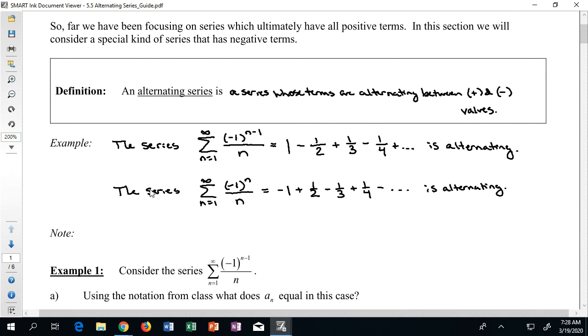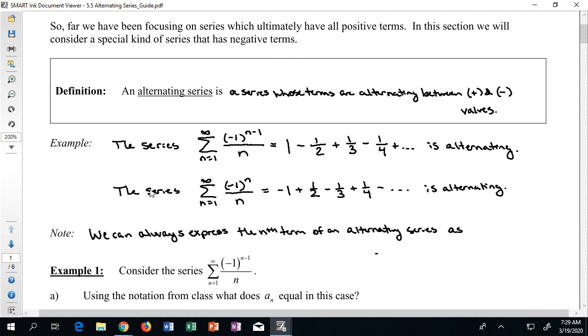One of the cool things to see with an alternating series, and one thing we should note, is that we can always express the nth term of an alternating series in one of two different ways.